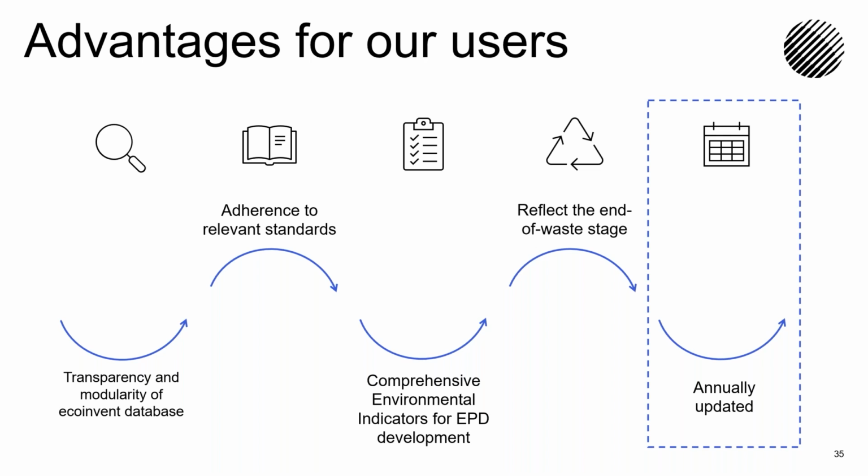Meaning, for example, that we update annually chemical production, fuels, and electricity mix. And even if a specific data set is not directly updated, because the background system model gets updated, this allows ecoinvent to keep high temporal and technological representativeness throughout the entire database.